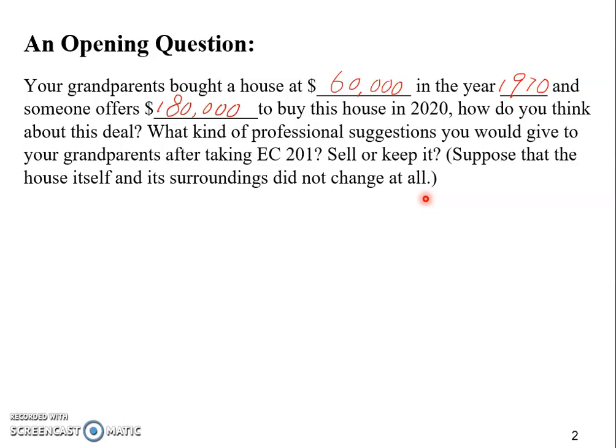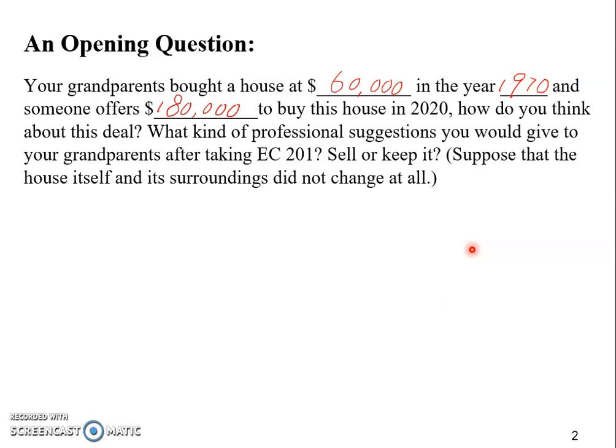Now here, by looking at the difference between these two dollar amounts, you would find that this offer, $180,000, is 3 times as high as the original price, $60,000. Does that necessarily mean this is a good offer, or your grandparents should sell it?